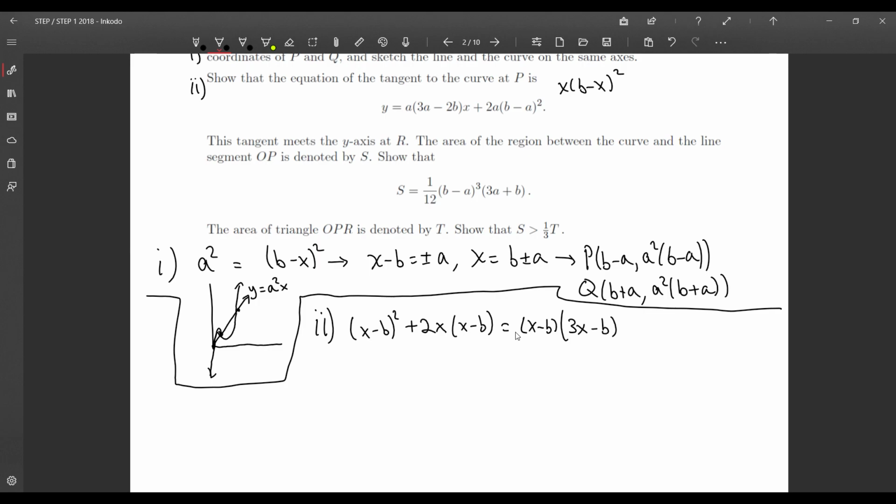Now we plug in x equals b minus a, because that's at the point P, and so our slope is going to be, we get a minus a, and then 2b minus 3a. So that's going to be a times 3a minus 2b. Just flipping the terms. So this is our slope, m, right? And so we want y equals mx plus b.